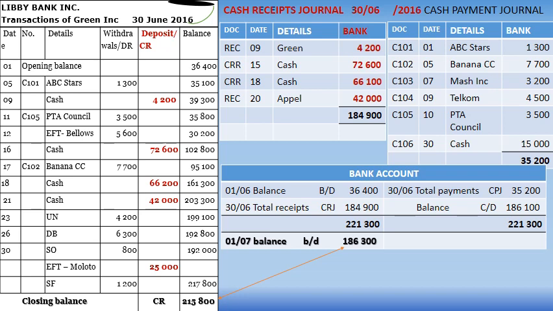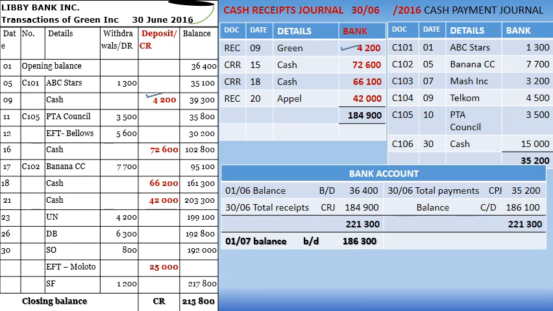The first entry in the cash receipt journal was recorded on the 9th, and the deposit that was made was 4,200. We will trace this deposit on the bank statement. On the 9th, there's a cash deposit that was made of 4,200. Both of these amounts will be ticked.